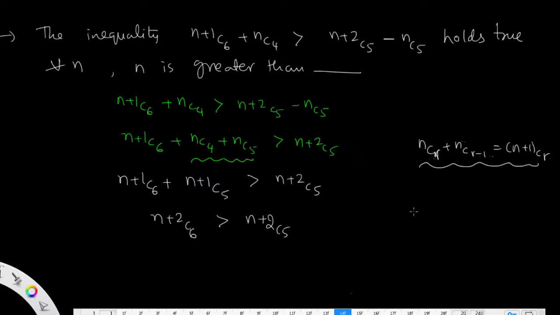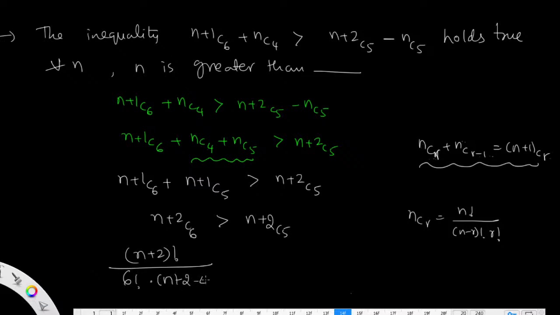So now applying the formula NCR equal to n factorial by n minus r factorial into r factorial. That is n plus 2 factorial divided by 6 factorial into n plus 2 minus 6 factorial, which is greater than n plus 2 factorial by 5 factorial into n plus 2 minus 5 factorial. Now n plus 2 factorial cancellation.